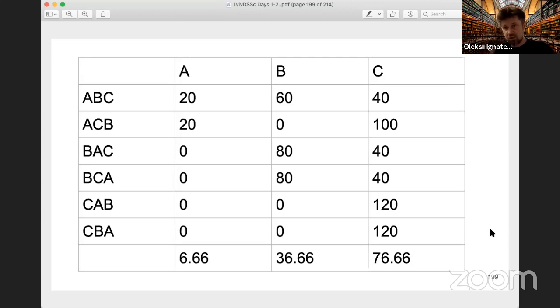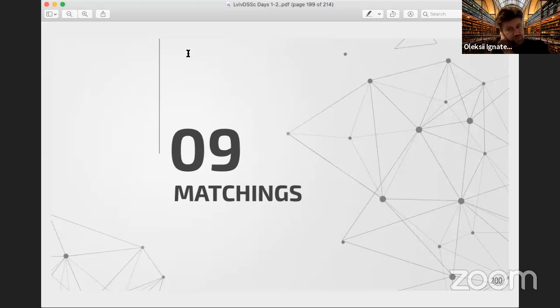So you can think about it that the first player needs to pay 6.66, the second 36.66, and so on. I've heard about real applications, algorithms that calculate the cost allocation for different players that form a coalition for something. So the Shapley value is a really useful thing.